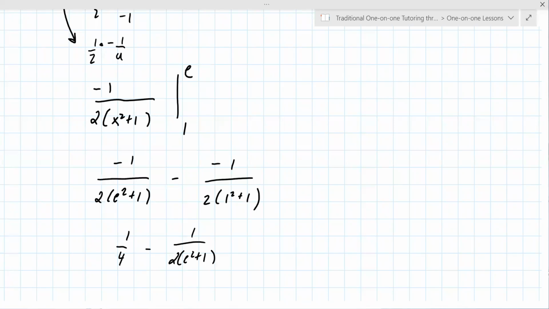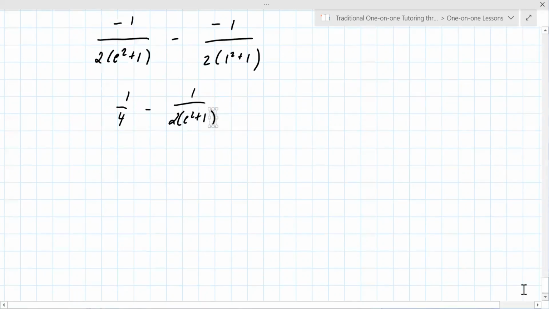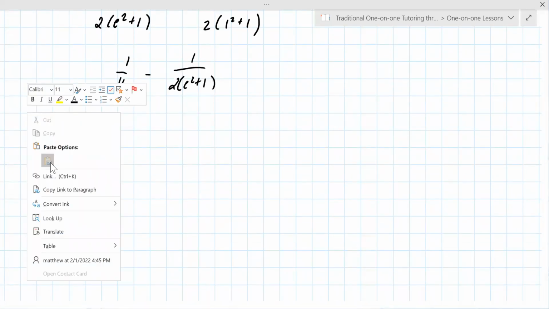So then that's 1 plus 1 over 1 squared is 1, 2 times 2 is 4. And then you can't do anything with the 2e squared, whatever. No, and that's sort of my style, to leave it not simplified.